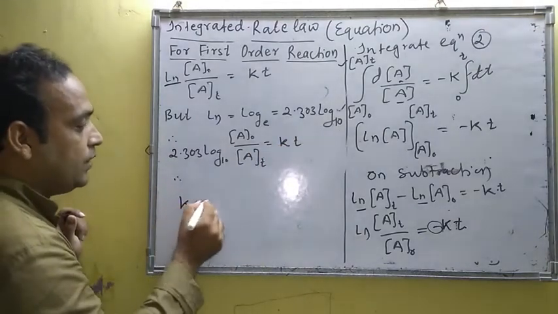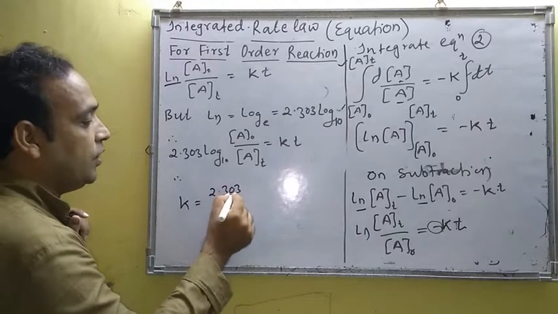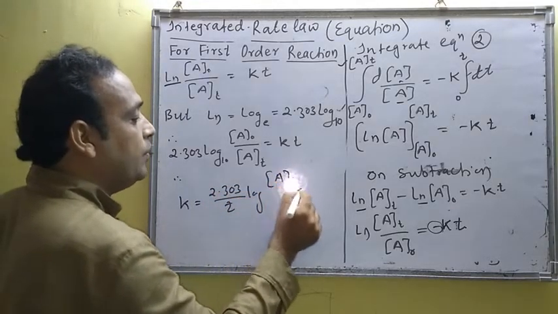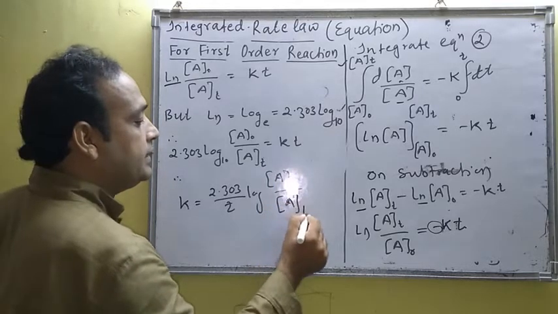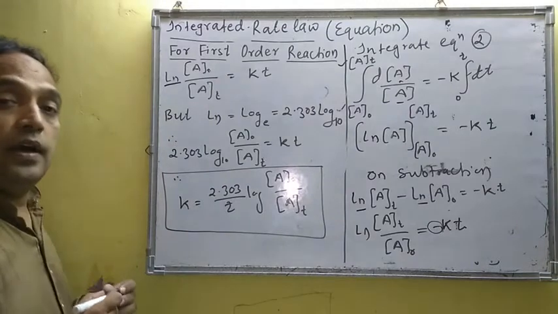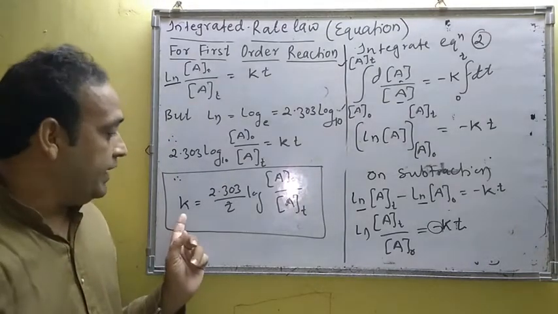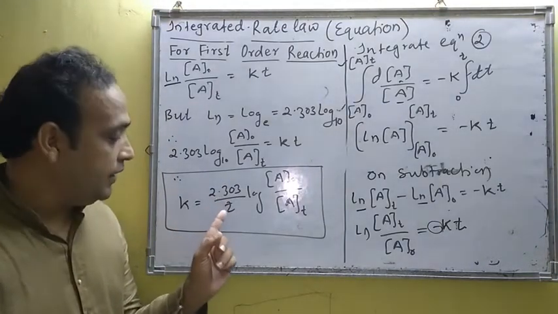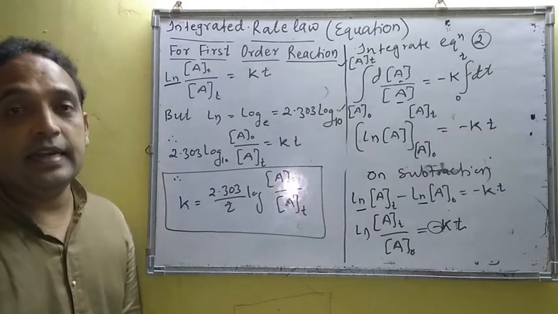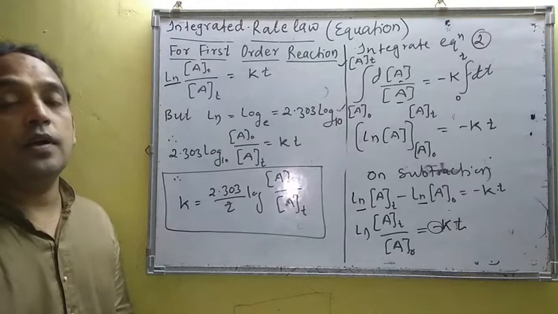Therefore, k is equal to 2.303 upon t log of A0 by At, and this is the integrated rate equation for a first order reaction.